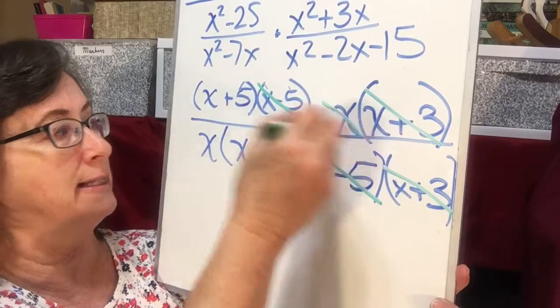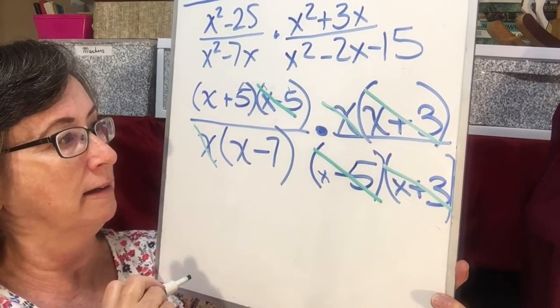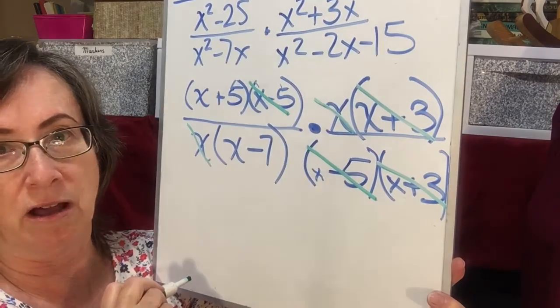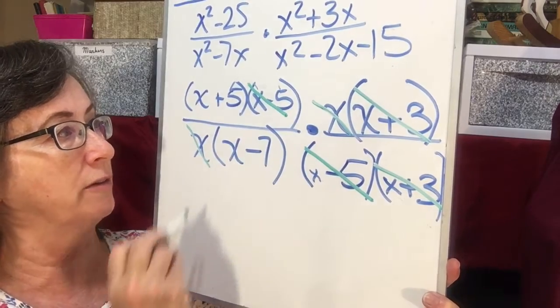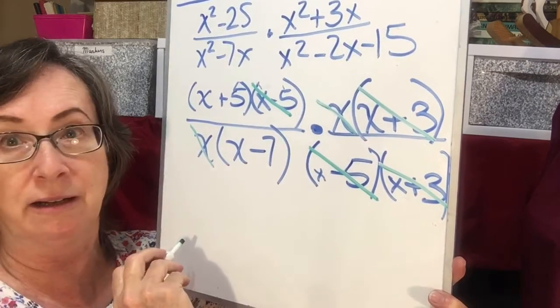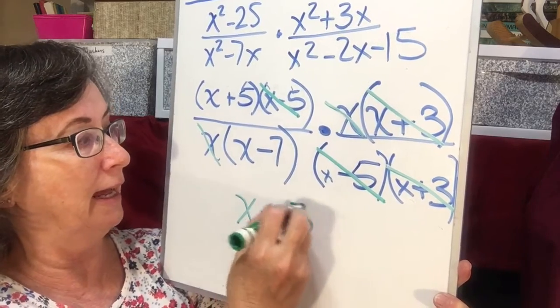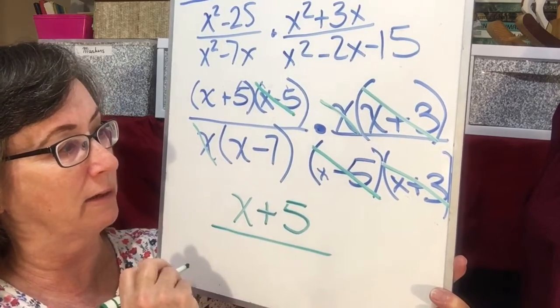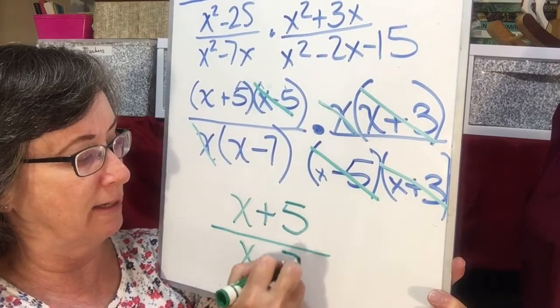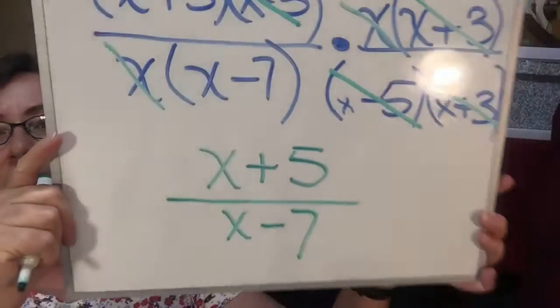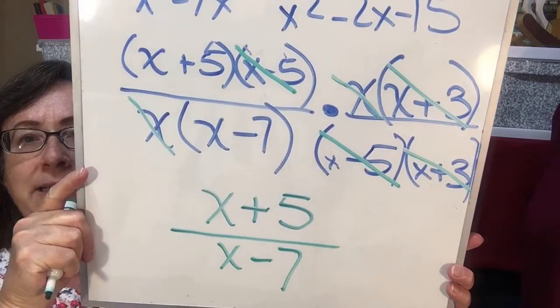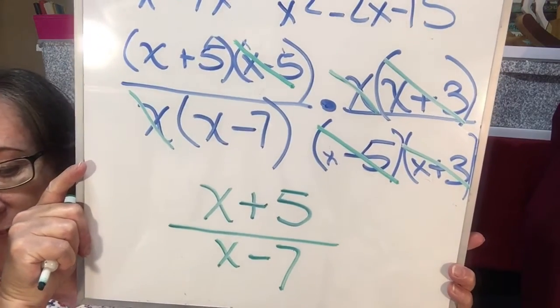And we have an x and an x. And I think that's all I can do. So the final answer, the only thing left in the numerator is x plus 5. And the only thing left in the denominator is x minus 7. So x plus 5 over x minus 7 is the final answer.